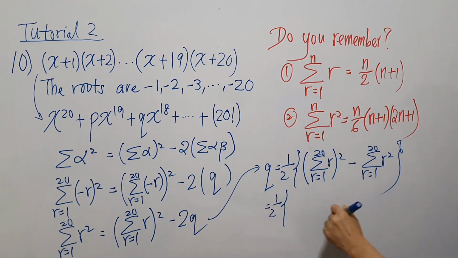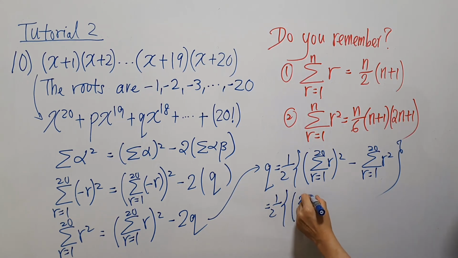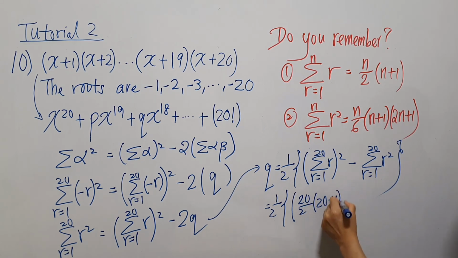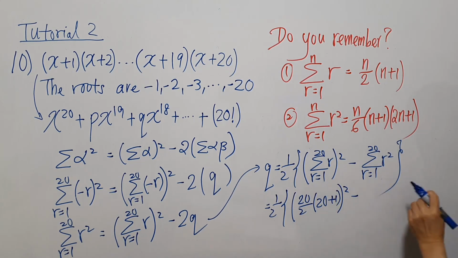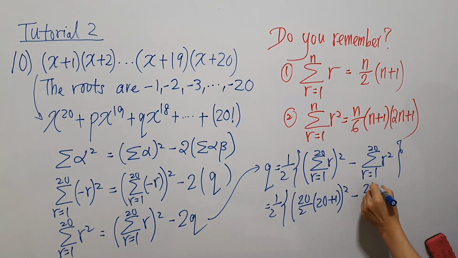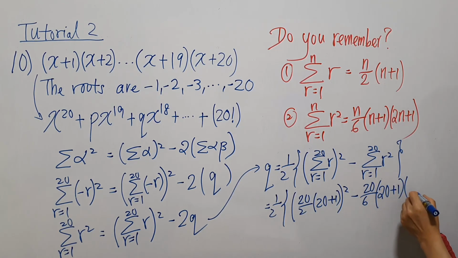For this one, it becomes just like this now. 20 over 2, 20 plus 1 whole thing squared minus, okay, this is going to be 20 over 6, 20 plus 1, and then this is going to be 40 plus 1.